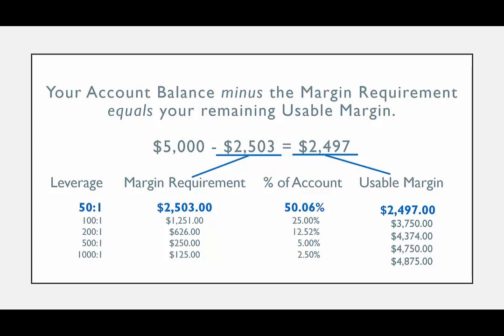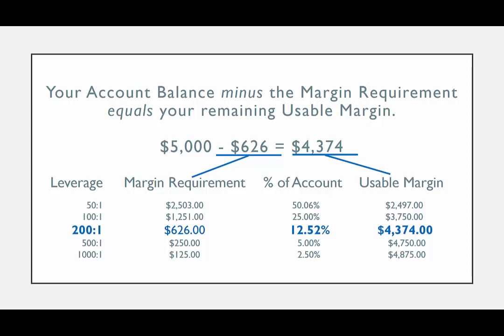In this example, if you have a $5,000 account balance and you make a one-lot Euro-USD trade using a leverage of 50 to 1, then you can see that your remaining usable margin is only $2,497.